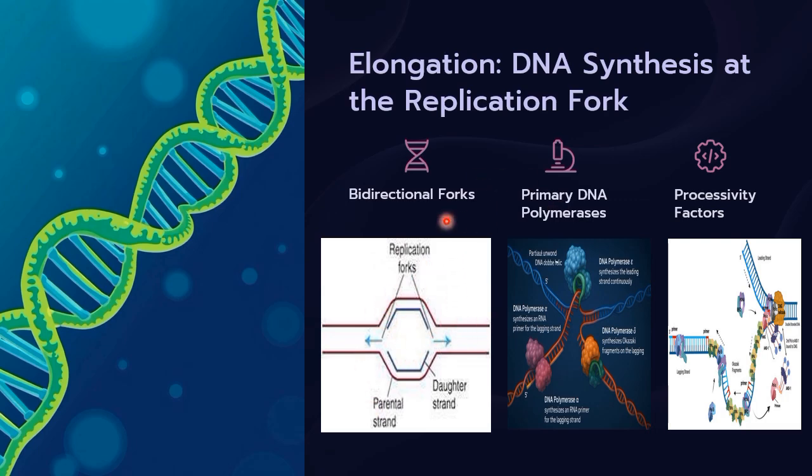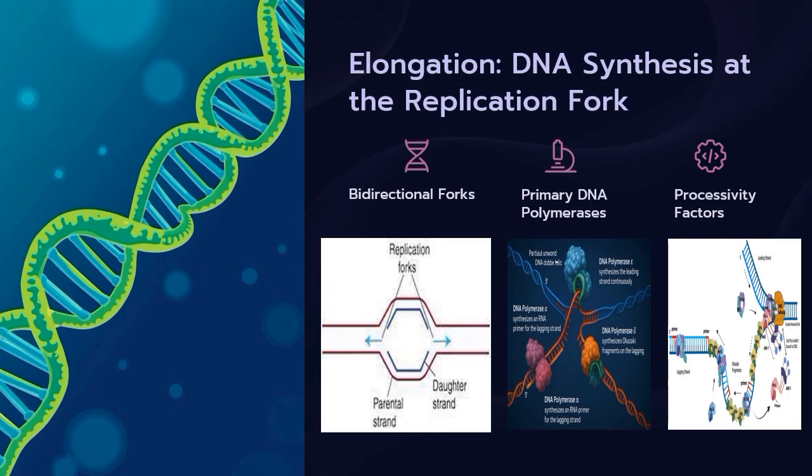In primary DNA polymerases, we will understand three major polymerases: DNA polymerase alpha, delta, and epsilon. And in processivity factor, we will discuss the protein factors which ensure that the DNA replication process or elongation step has maximum efficiency and accuracy.